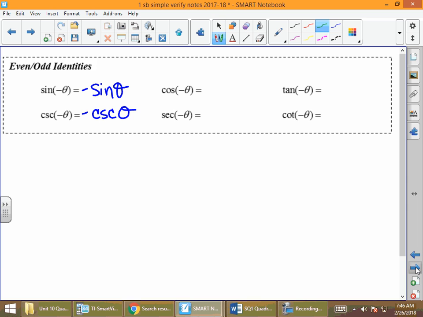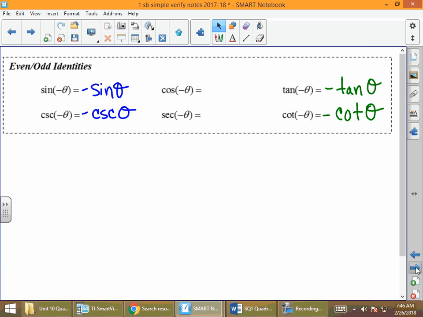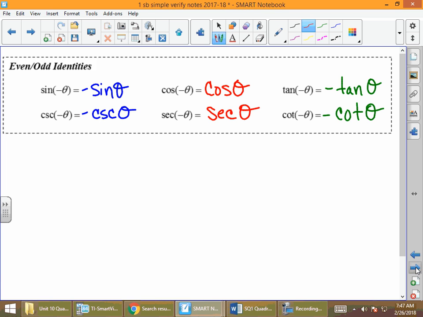It turns out that it works the same way for tangent and cotangent: tangent of negative theta and cotangent of negative theta, we bring those negatives out in front of the function. And the nice part is that for the cosine of negative theta and the secant of negative theta, we just end up with cosine of theta and secant of theta for these even and odd identities.